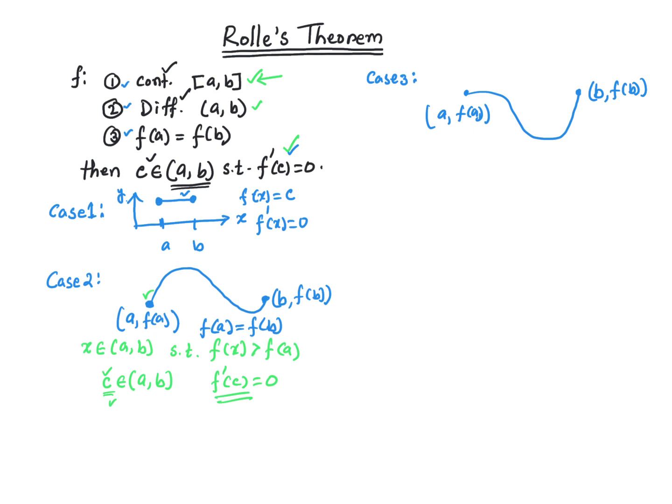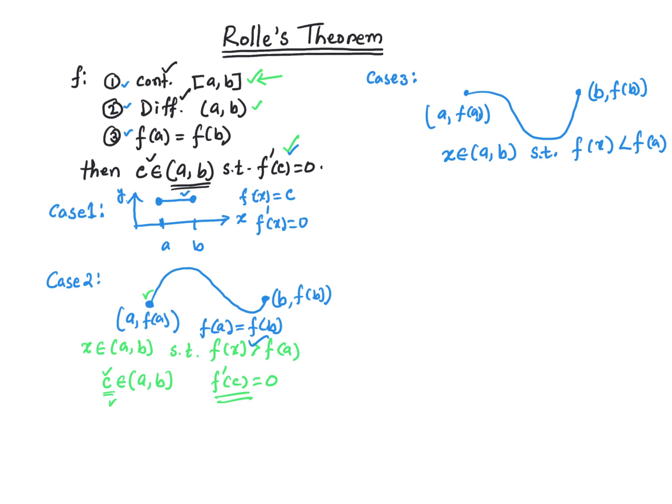So in this case, last time we assumed that f of x is greater than f of A. Now this time we are going to assume that there is a point x in the open interval AB such that f of x is less than f of A.